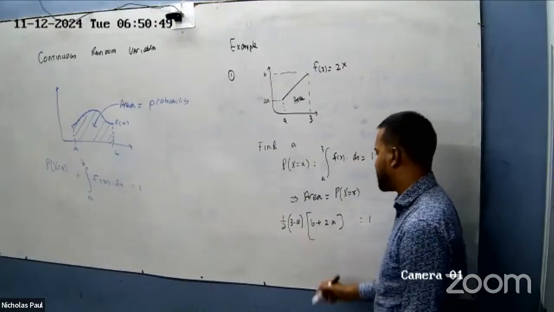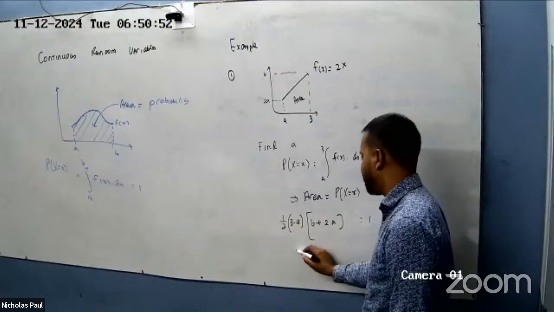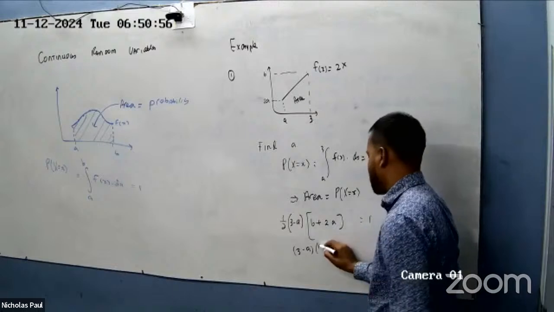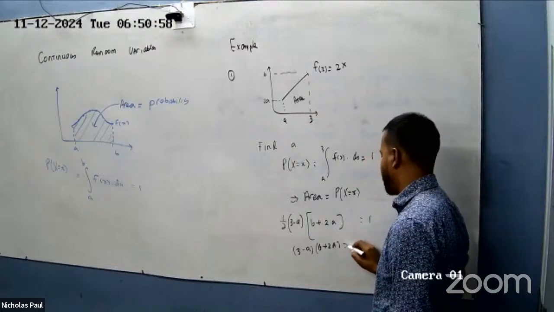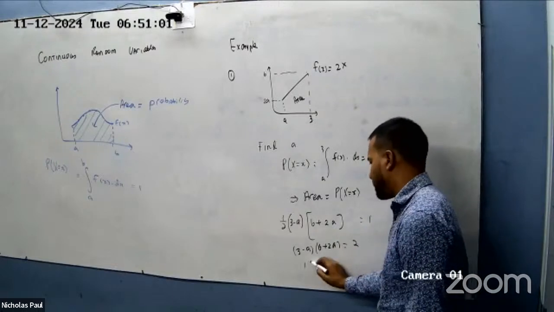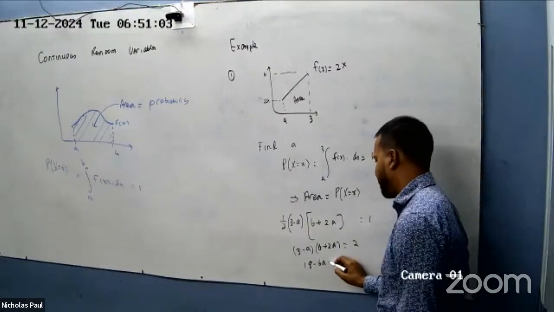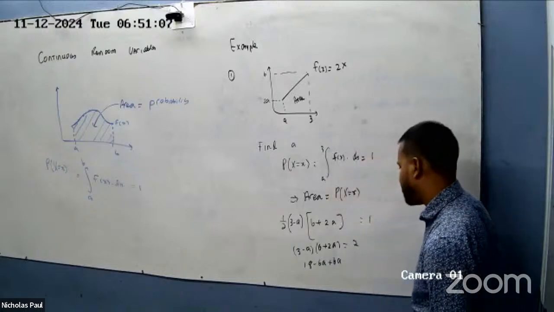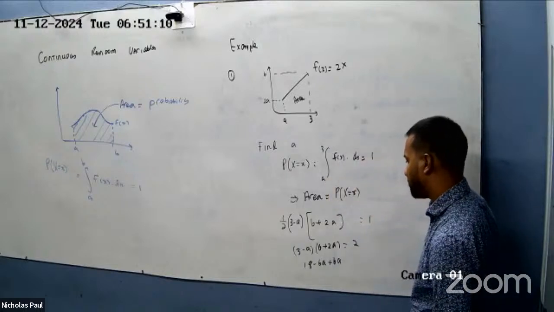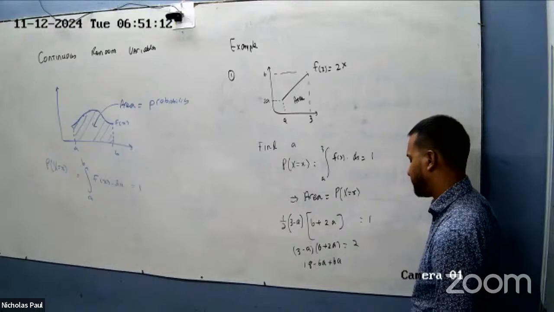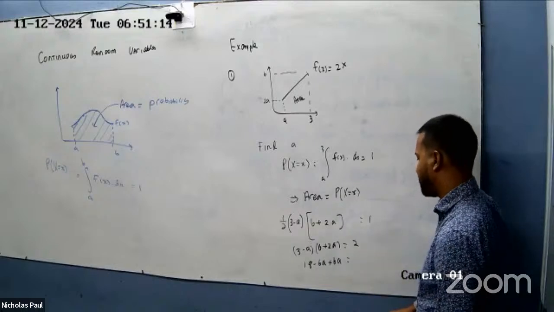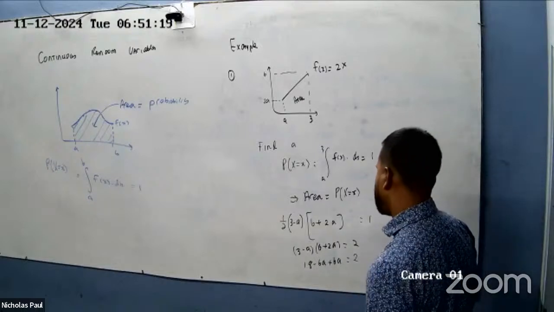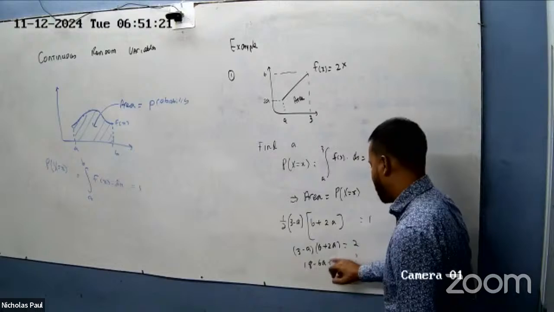If I work this out, I put 2 here: I'll get 3 minus A by 6 plus 2A is 2. I could work this out. I'll get 18 minus 6A plus 6A... Oh no, I made a mistake.